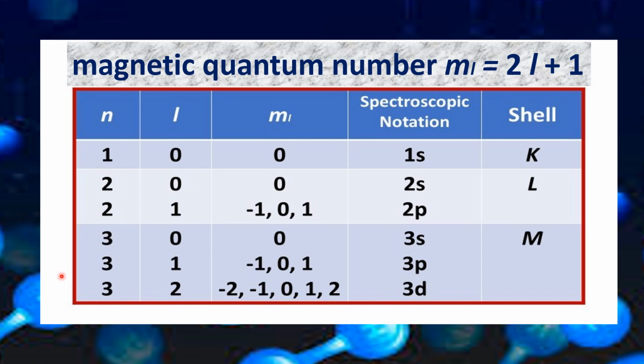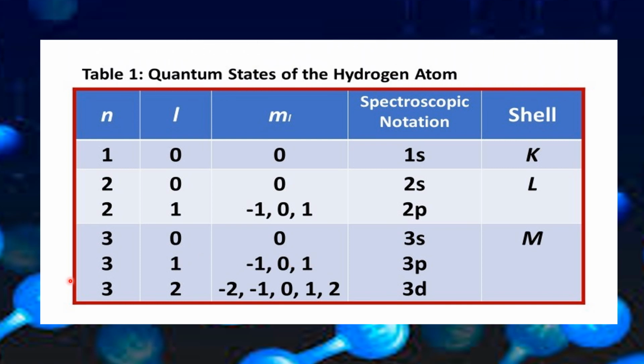If n equals 3, but l is equal to 0, then m sub l can only be 0. If n equals 3 and l equals 1, m sub l could either be negative 1, 0, or positive 1. And if n is 3, but l equals 2, then m sub l could either be negative 2, negative 1, 0, 1, or 2.